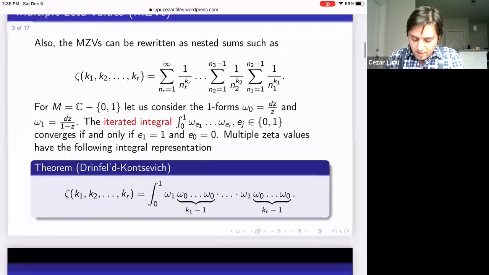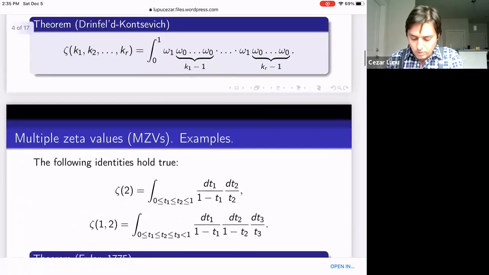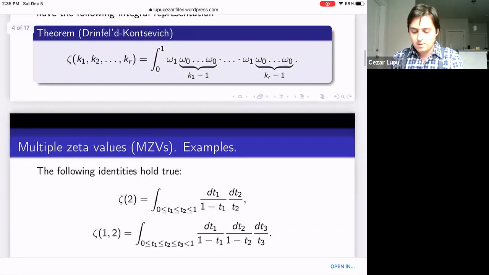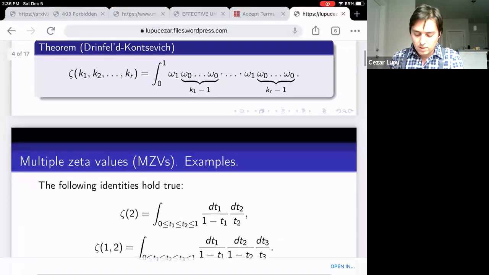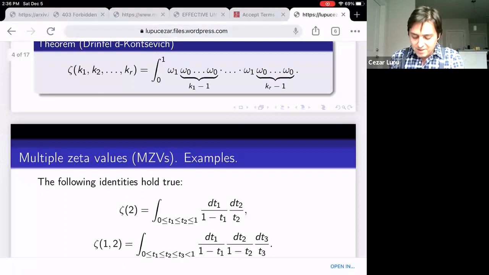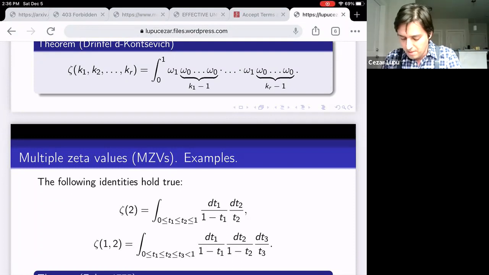Now let me give you an example. How can we express these? For example, in the case of zeta of 2, this goes back to Leibniz, I think. Zeta of 2 you can write as an iterated integral: the integral over 0 less than t1 less than t2 less than 1 of dt1 over 1 minus t1 times dt2 over t2.